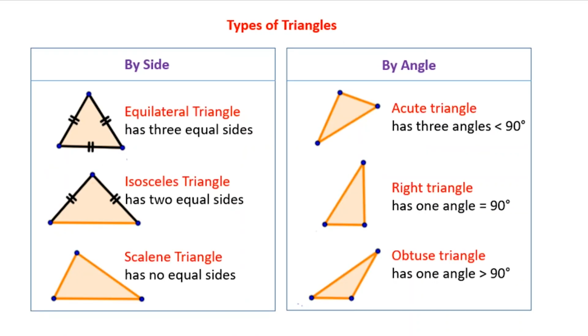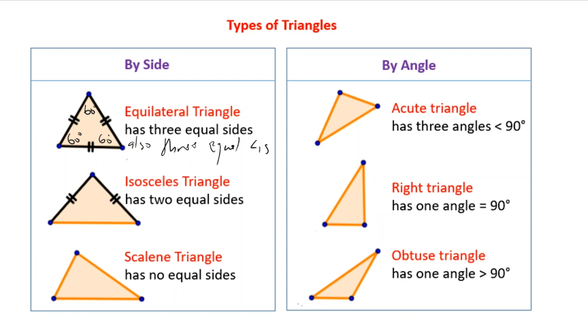Right. We have types of triangles. The first triangle is what? It's an equilateral triangle and has 3 equal sides and also 3 equal angles. And these angles all equal 60 degrees.